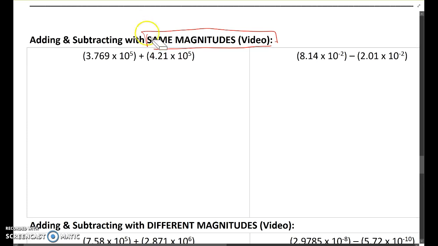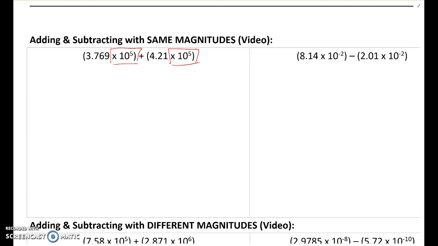Now, what that means is our first step every time, as we just discussed, is we need to check the magnitudes of these numbers before we do anything. As I'm checking this, I see that the magnitudes of these two numbers are the same.